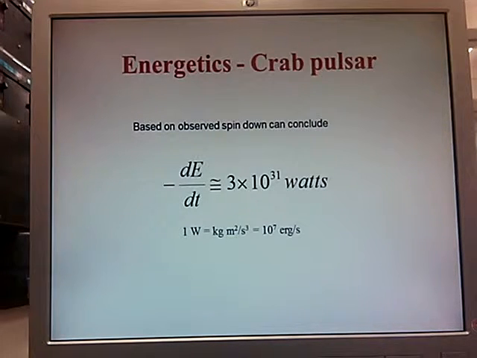And then we can ask the question, how is the neutron star emitting? Or rather, how is the pulsar emitting? Where is this energy going? Hint: we talked about its spectrum having 2 components.